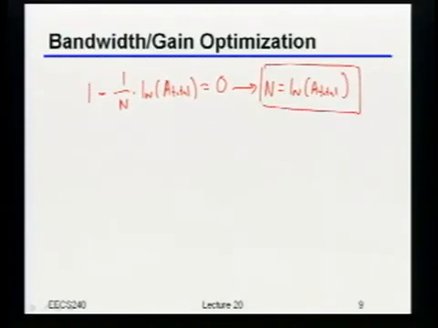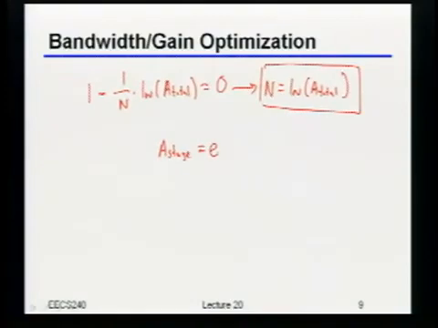Okay? So now this is, again, where this should start to look really familiar. Because what this really means is that if I do this optimization, it tells me that the optimal gain to use for each stage is actually e. Okay?